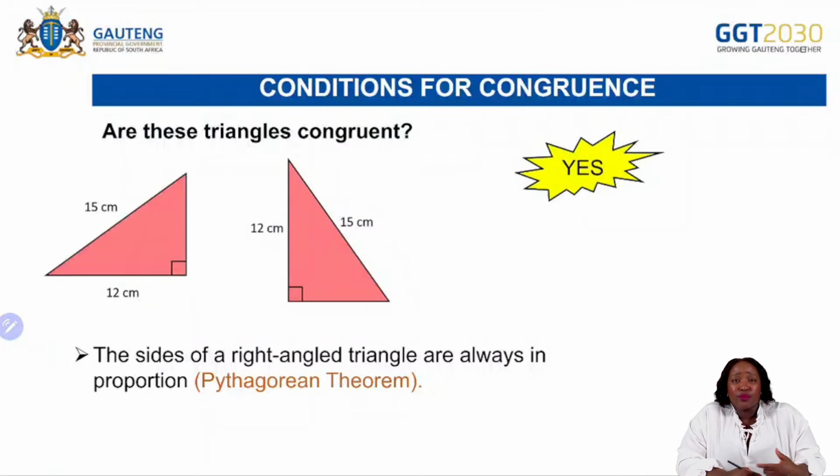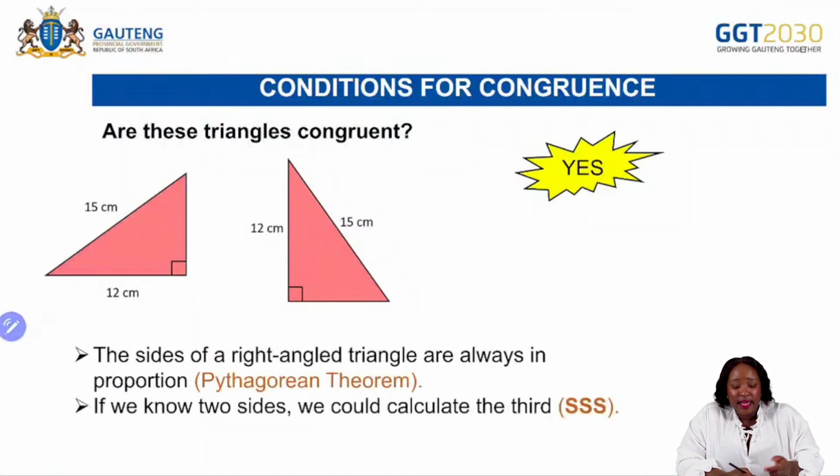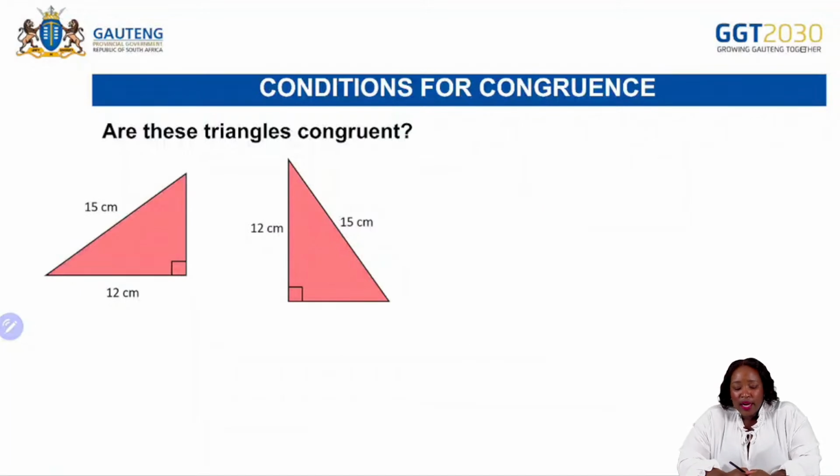The third side will only have one length. Make sense? So you'll be able to calculate the third side, and you could prove congruence because of that. Agreed? If you know two sides of a right angle triangle, you should be able to calculate the third side. We've got that. Okay? Right.